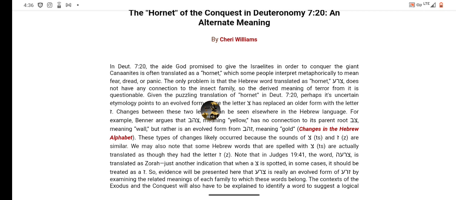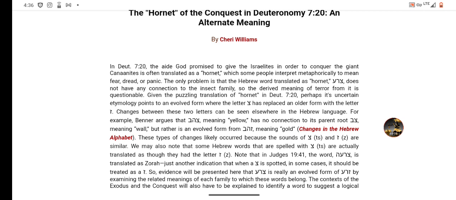It does not have any connection to the insect family, so the derived meaning of terror from it is questionable, but we're going to prove that, giving the puzzling translation of hornet in Deuteronomy chapter 7, verse 20, perhaps is uncertain.